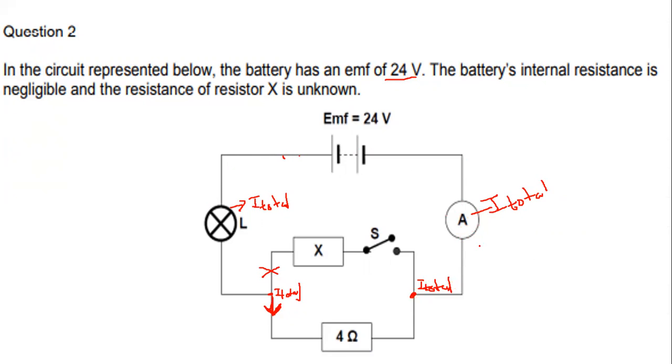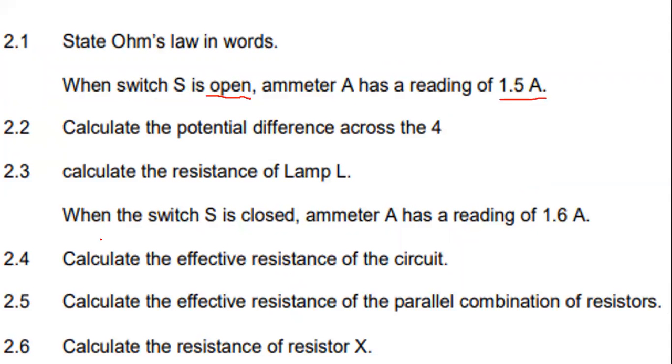Are we clear? Right. Then we say, okay, this lane is not working, but this lane is still properly working. This connection is definitely working, and that is why the reading is giving me 1,5 amperes.